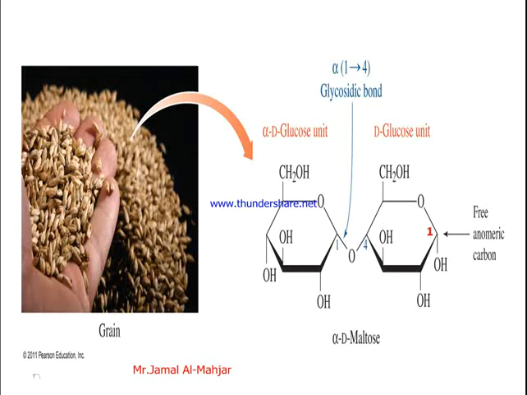But here we have carbon number 1, look, it is free in one molecule. If it's free, it can react. That's why maltose is a reducing sugar, because it has a free functional group.